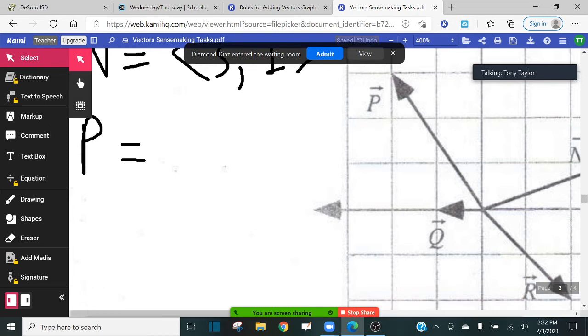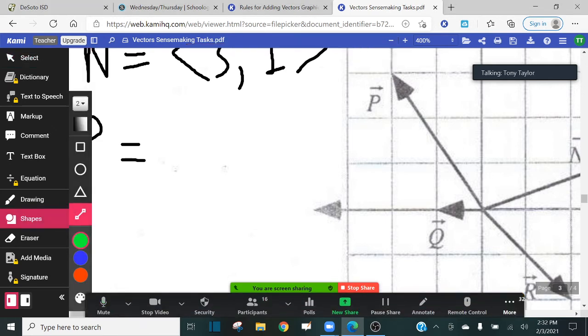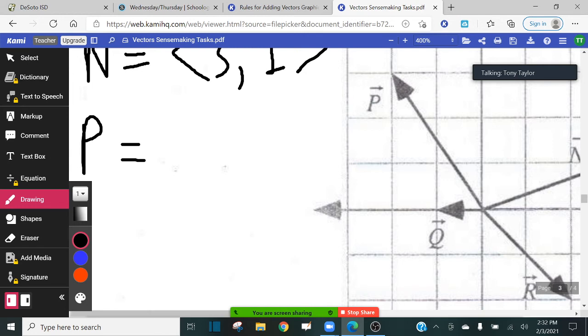Yes, Irina, that second one, you are right. Remember, guys, whenever you're counting vectors, all you're doing is counting the amount of squares between your starting point and your ending point, right?